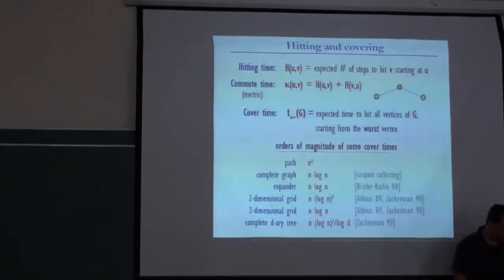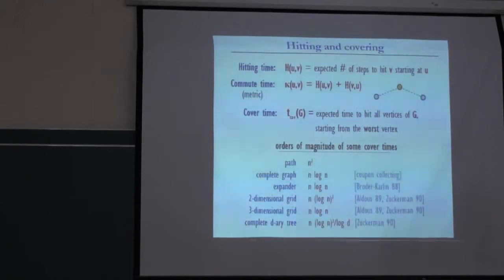This corresponds to the fact that in the two-dimensional grids, all scales somehow have the same importance. Yes, 3 and higher dimensions are all the same.